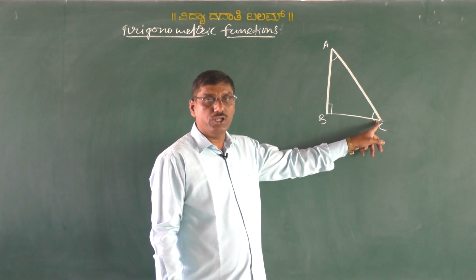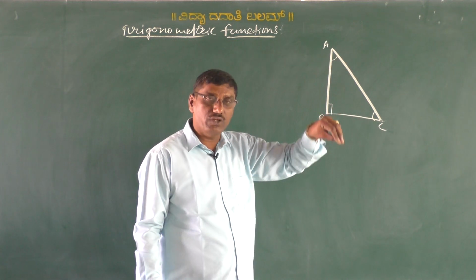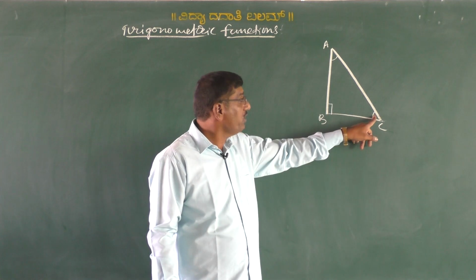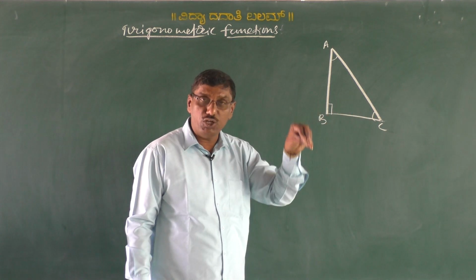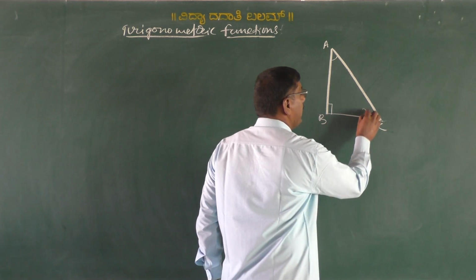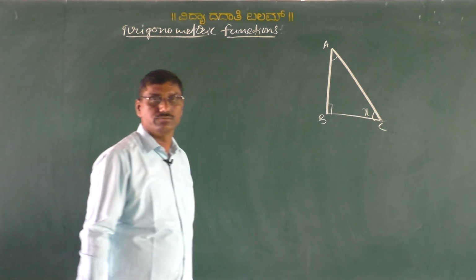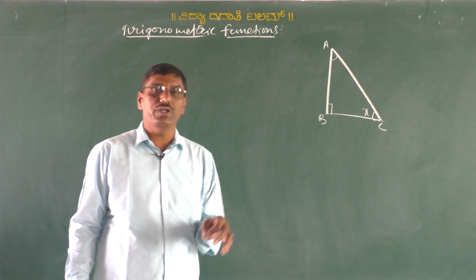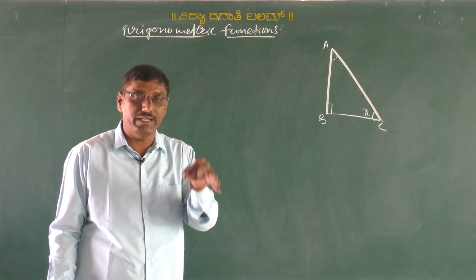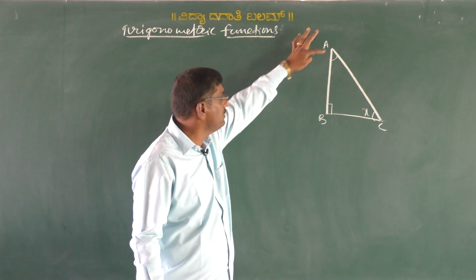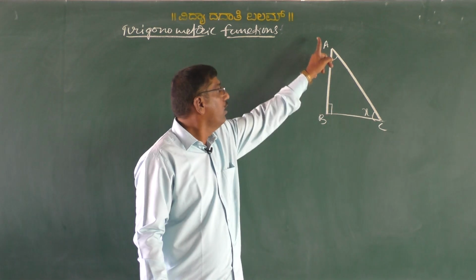Here C is an acute angle and A is also an acute angle, but here I am going to consider C as the acute angle, denoted as X. Now there are three sides: AB, BC and AC.